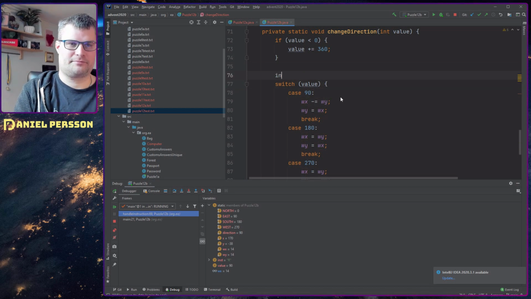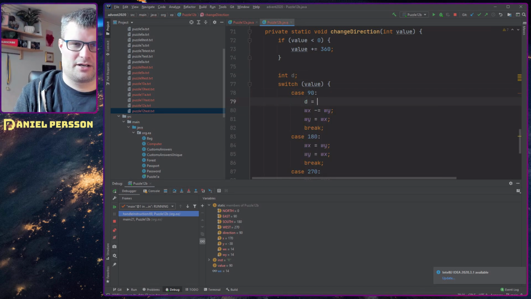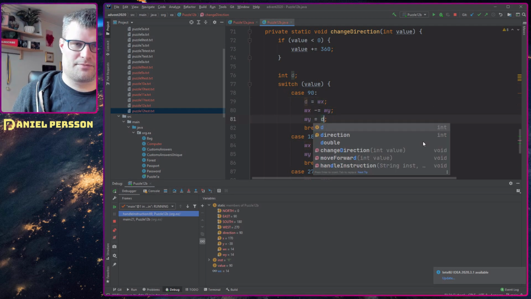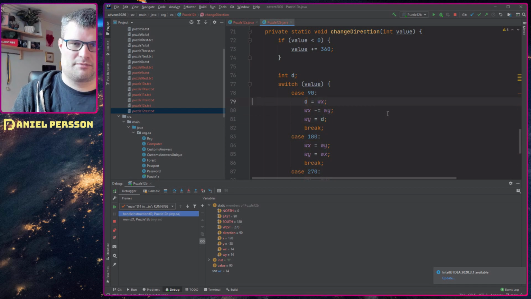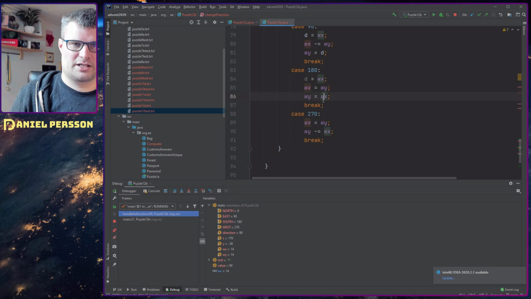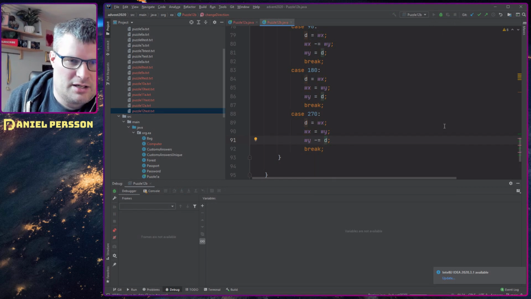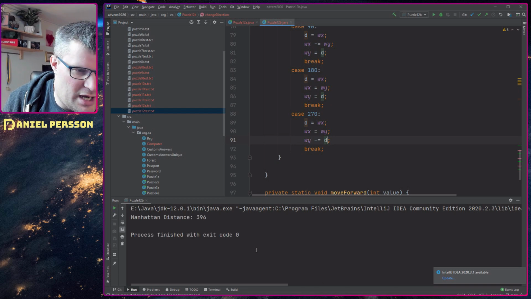So we just need to have another variable here, so we can do the switcheroo. That's important. So y, x, so we don't set them to the same value. So that's more like it.